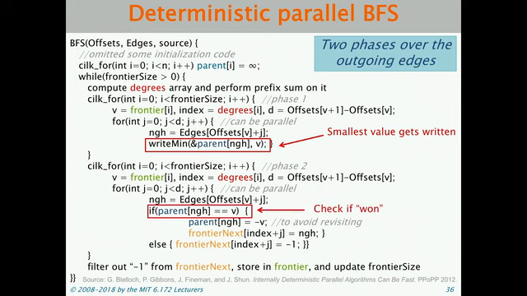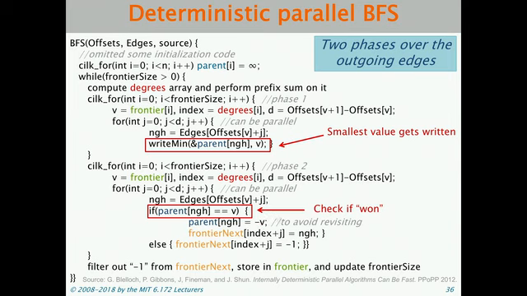Then in the second phase, each vertex is going to check for each neighbor whether parent of neighbor is equal to v. If it is, that means it was the vertex that successfully wrote to parent of neighbor in the first phase. And therefore, it's going to be responsible for placing this neighbor onto the next frontier. And we're also going to set parent of neighbor to be negative v.